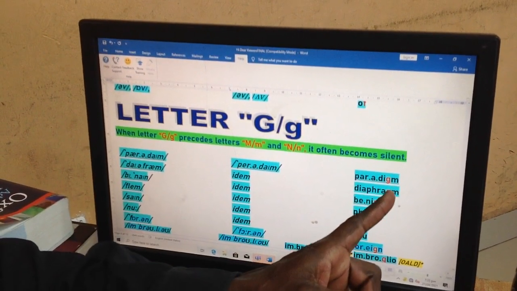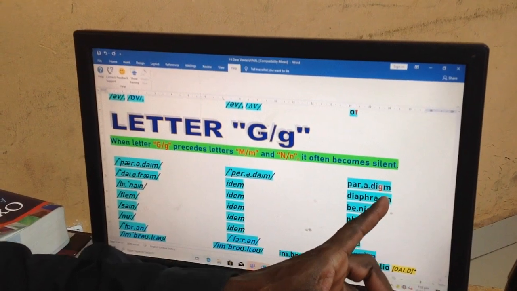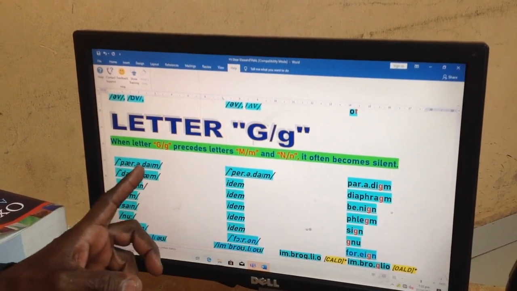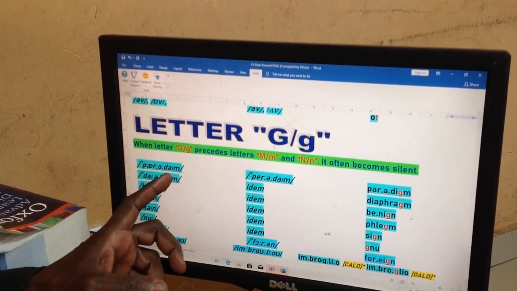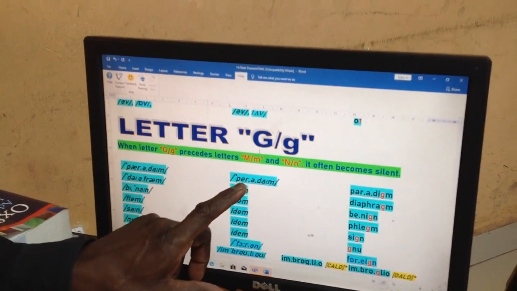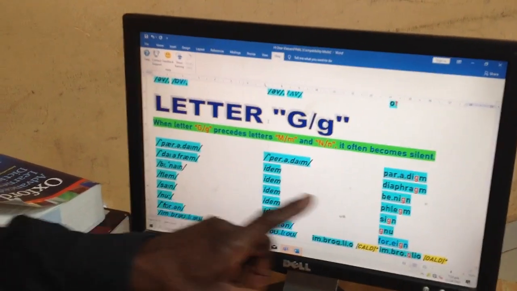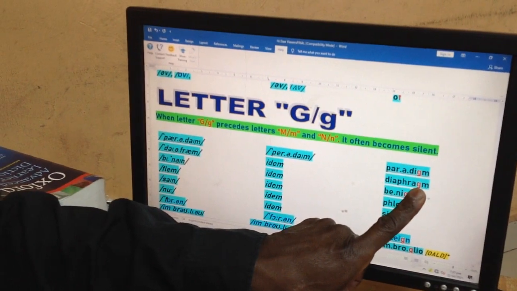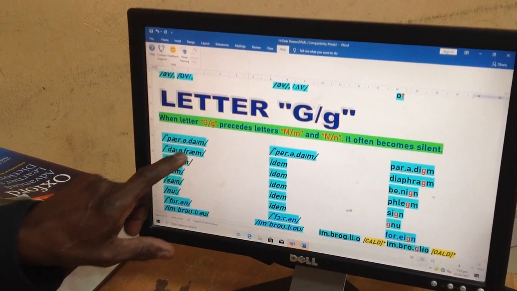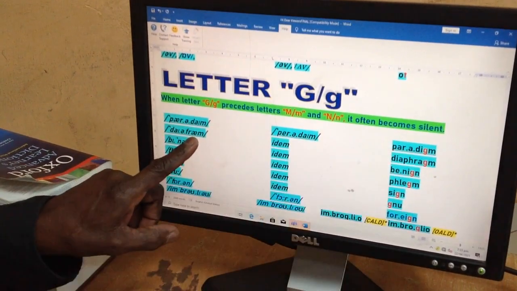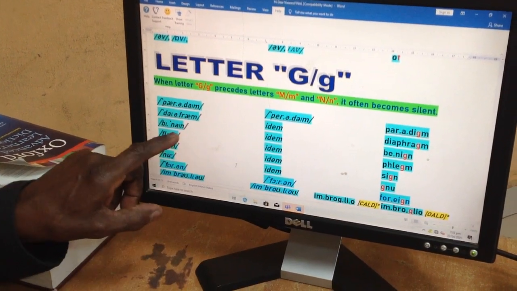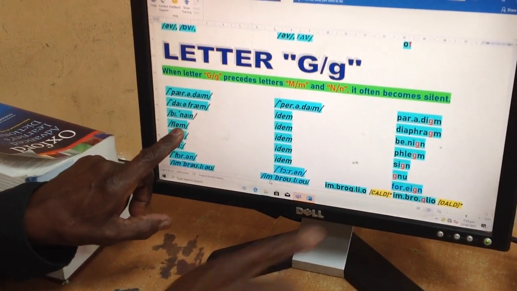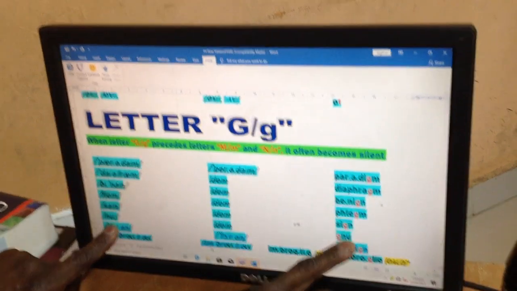As you can see, G is in front of M, so it precedes M. In the sound, we'll get paradigm. Americans will change it into paradigm. Diaphragm, when you are studying the heart, it's the same thing, diaphragm. G is not there, it's not audible. Benign. Flame, we write it sign, we don't pronounce.